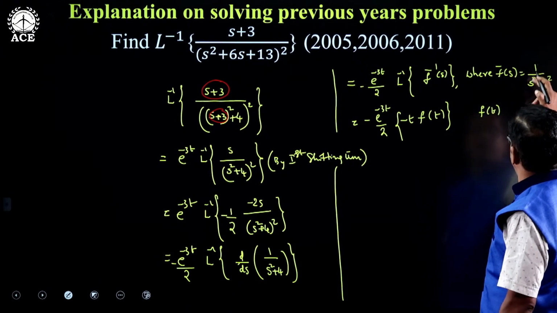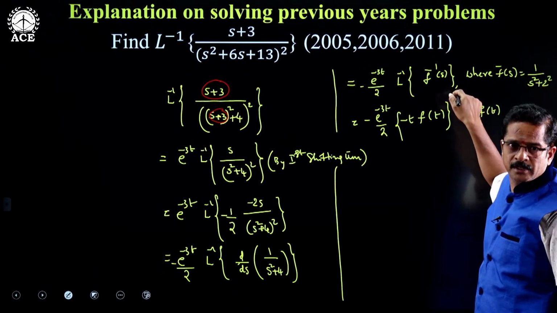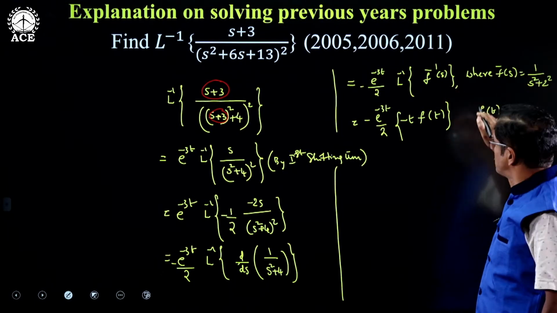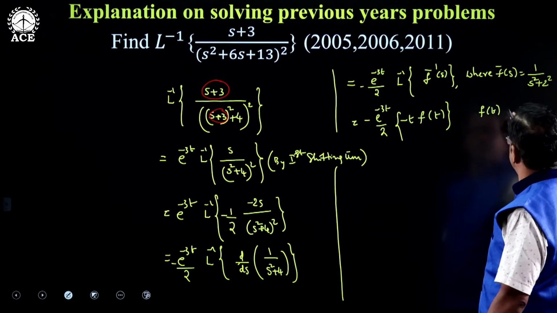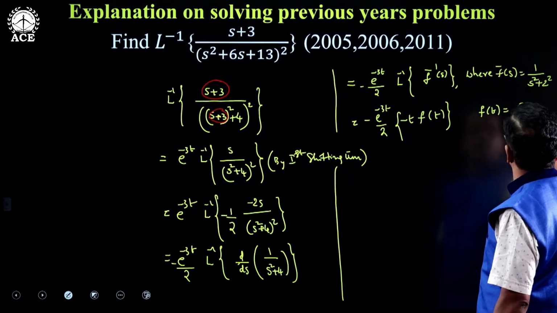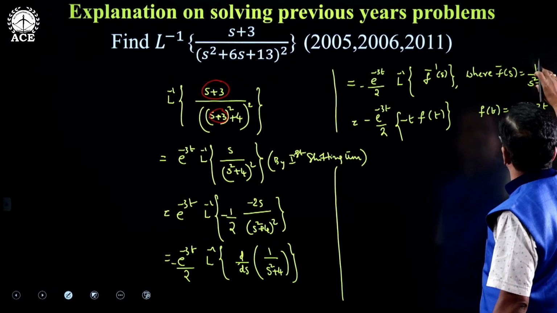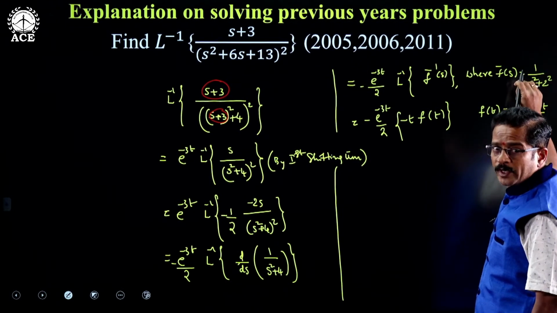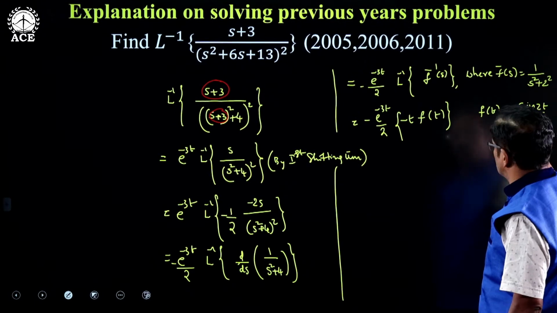Where 1 by (s square plus 2 square) is f bar of s, its inverse Laplace transform becomes f of t, which is sine 2t by 2.